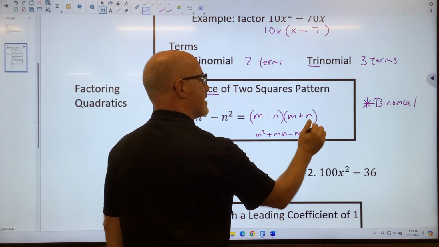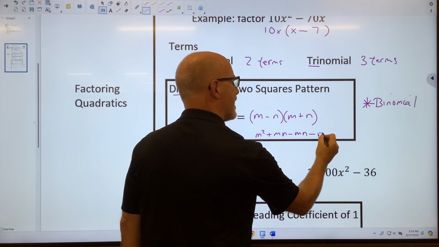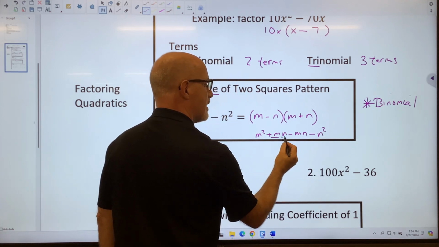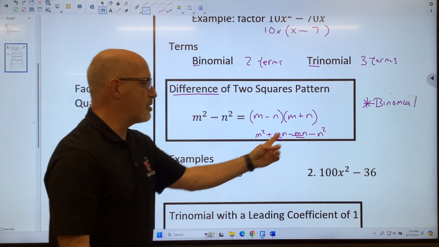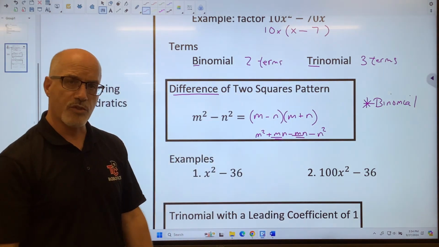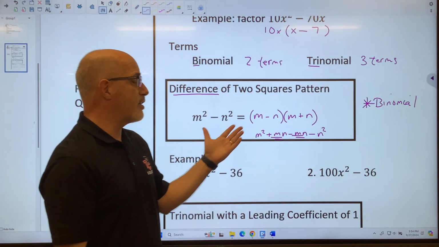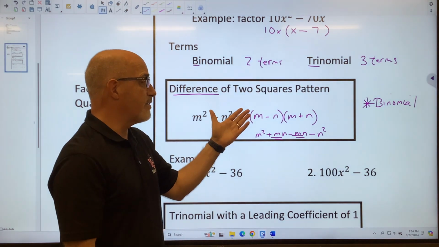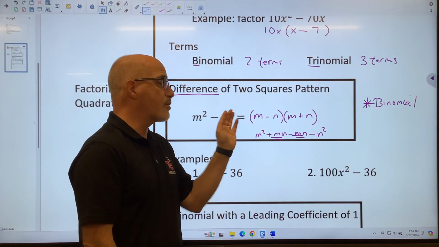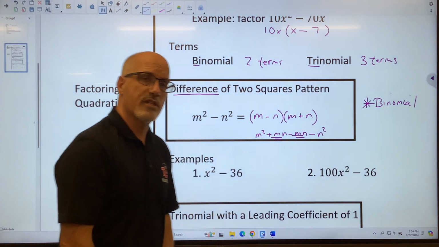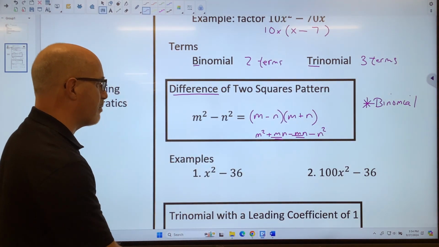And then negative n times positive n is minus n squared. You look at these middle terms, they get rid of each other, and you end up with just the 2 terms, which are a difference of squares. So that pattern is very convenient to know, because if you see 2 terms and a minus in between and they're perfect squares, it quickly factors into this pattern of m minus n, m plus n.